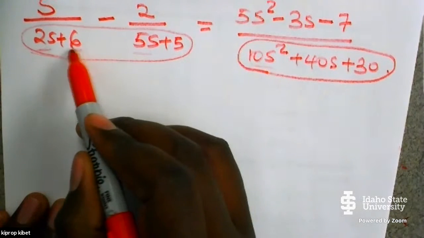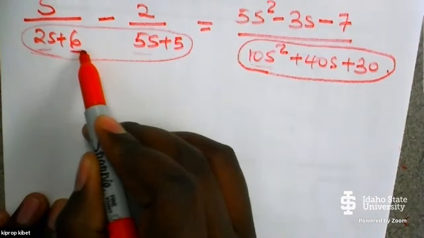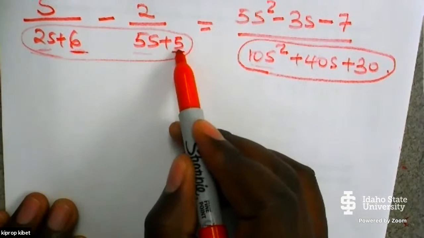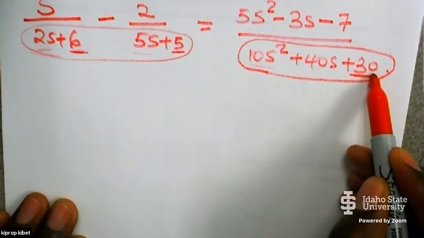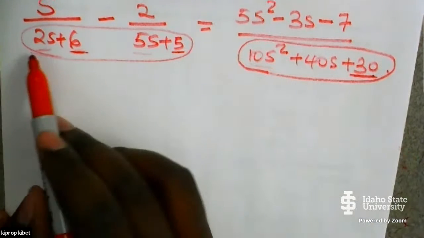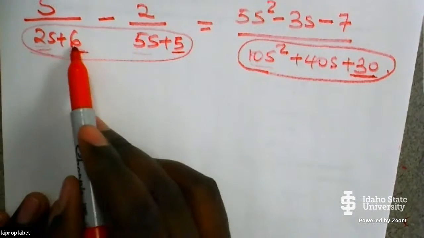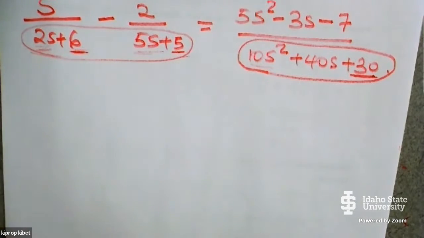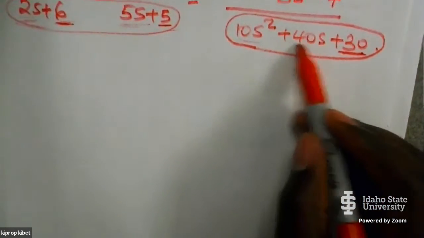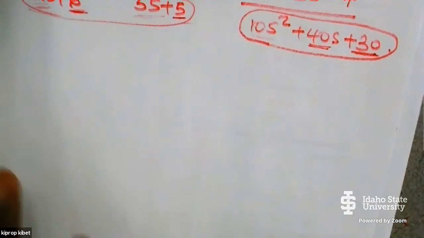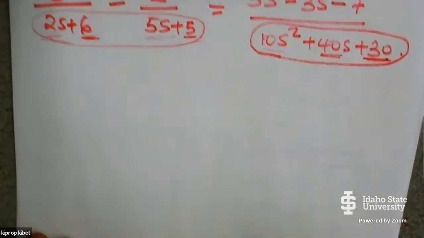Again, you multiply the last two, this 6 and this 5. Is it similar to this? So it is 30, right? And then twice all this. So definitely it will give you 40.